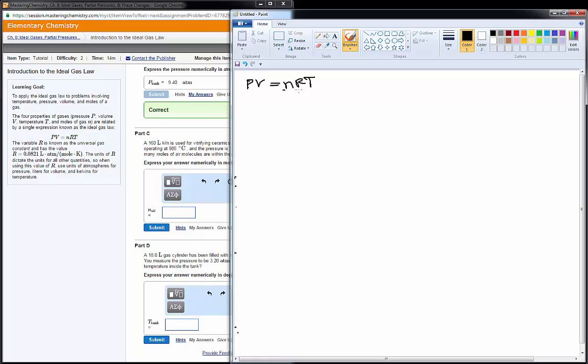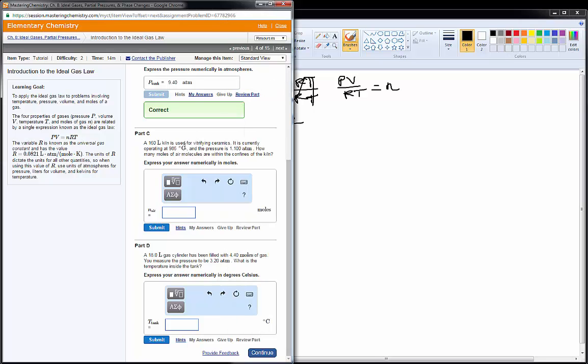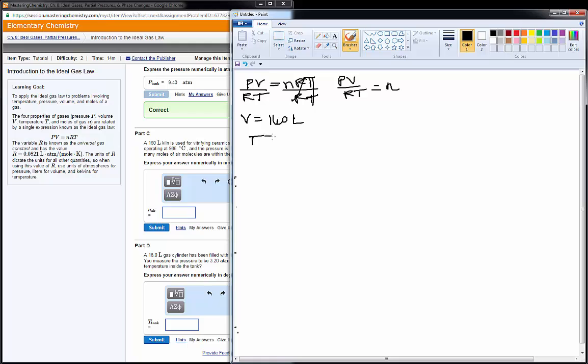To get N by itself, we're going to divide both sides by R and by T. So PV over RT is equal to N. And what we see is that our volume is 160 liters. Temperature is 985 degrees Celsius.